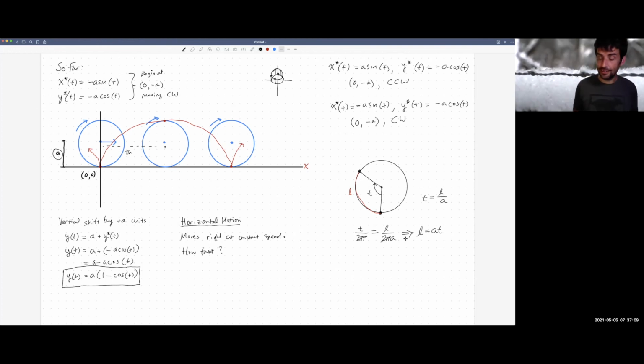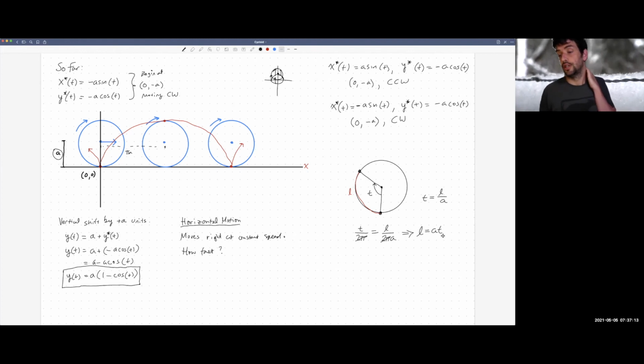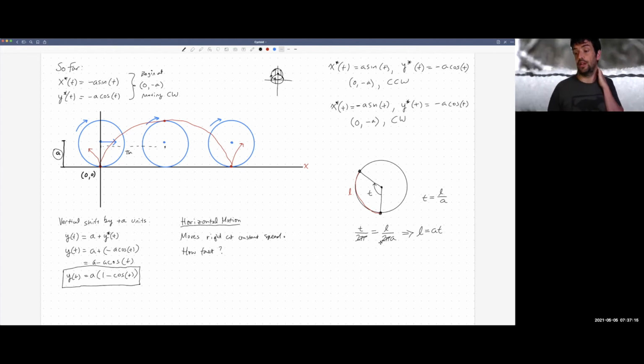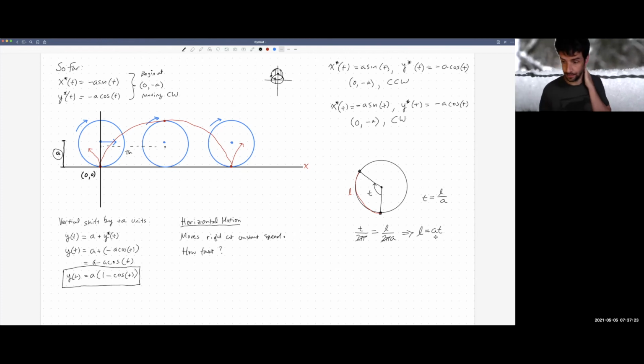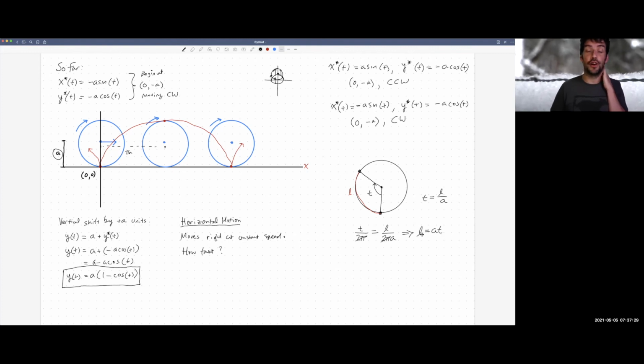So that tells us how far it should move per unit time, right? For every unit of time it moves, this radius is actually giving us our velocity here. Okay, so this is like a position function. For time t, L is how far we will have moved, right?